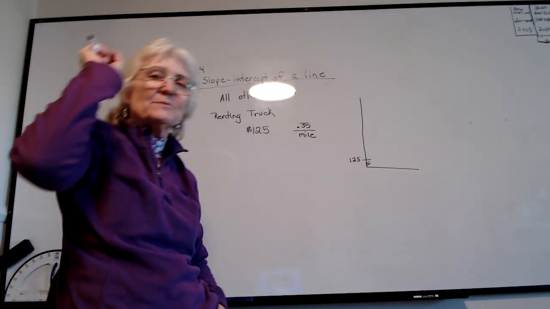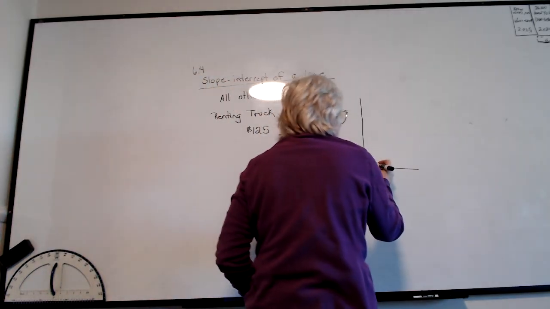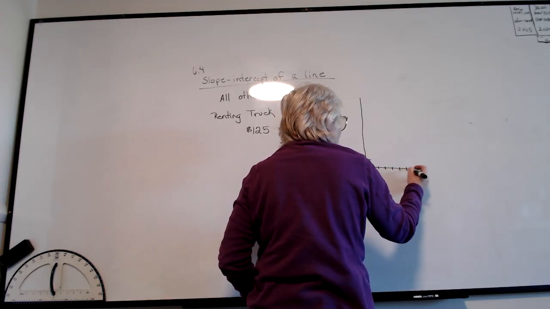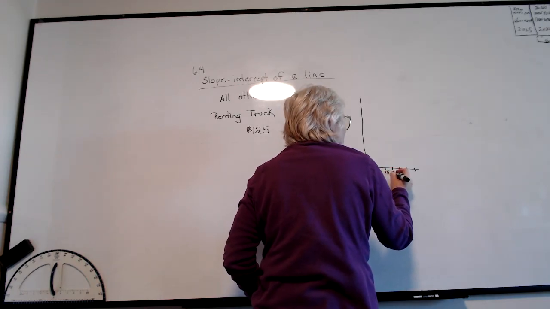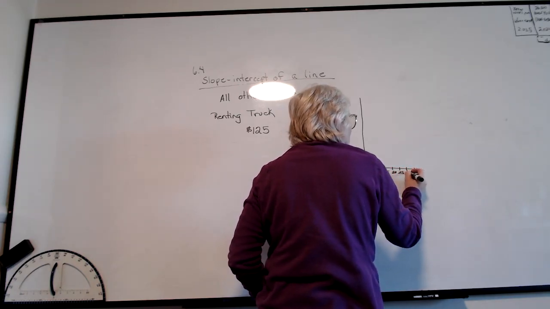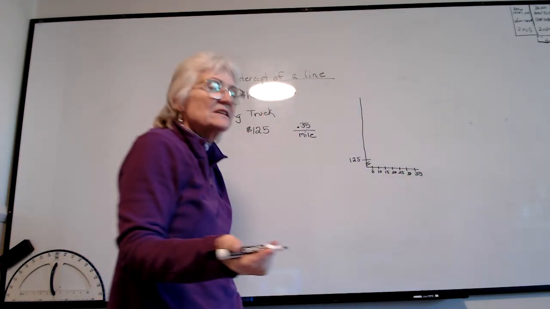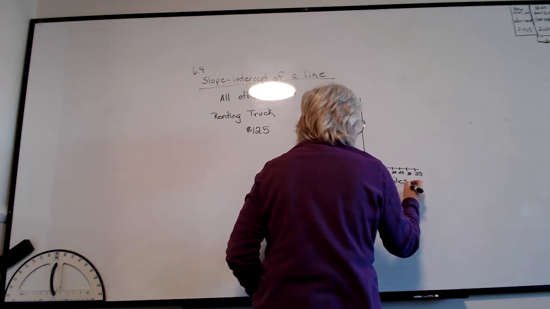You zoom into the portion so you can see it closer. This is going to be per mile. I'm going to go by 5 miles at a time. So 5, 10, 15, 20, 25, 30, 35. We're doing this around town, so we might not go more than 35 miles.